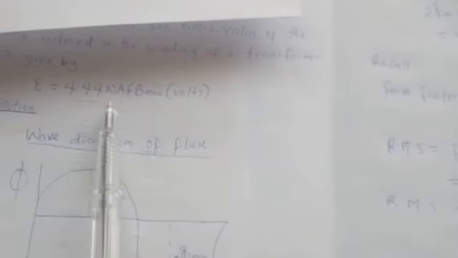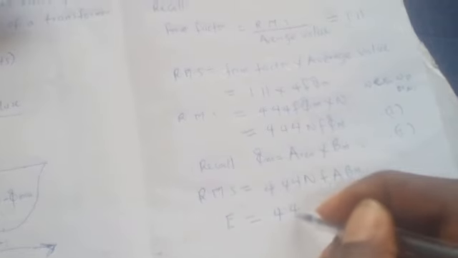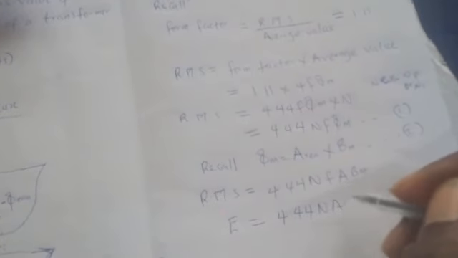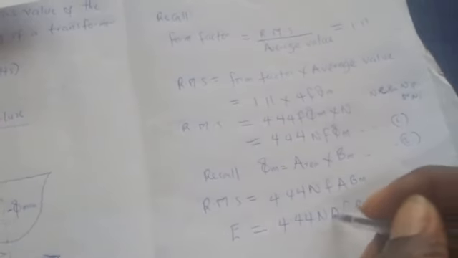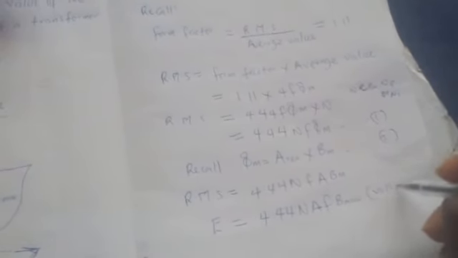So I can now conclude that, from the question given, E equals 4.44 N A F B maximum, because the root mean square value here is the EMF, all in volts.